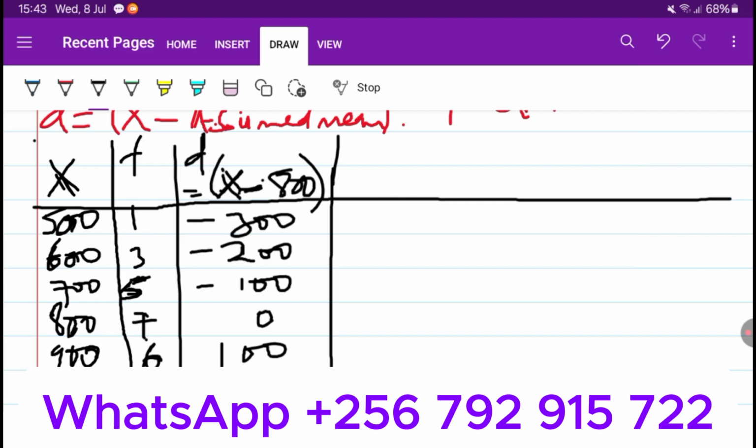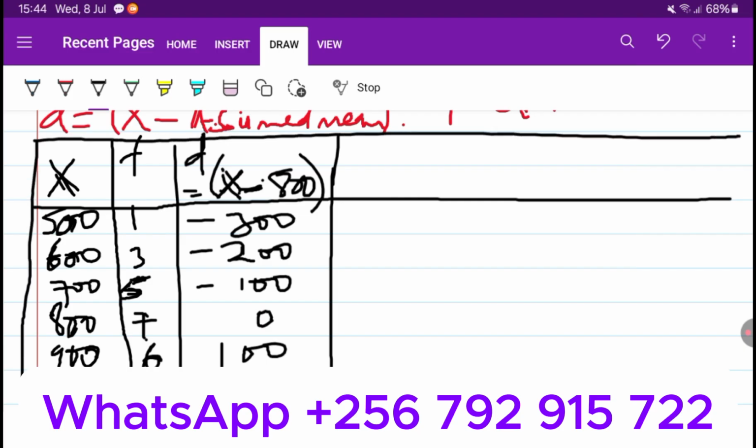Now we have reached this part, this side, and we said that we are going to focus on getting the u, and we said our u is d over h, and we assumed that our h is equivalent to 100.